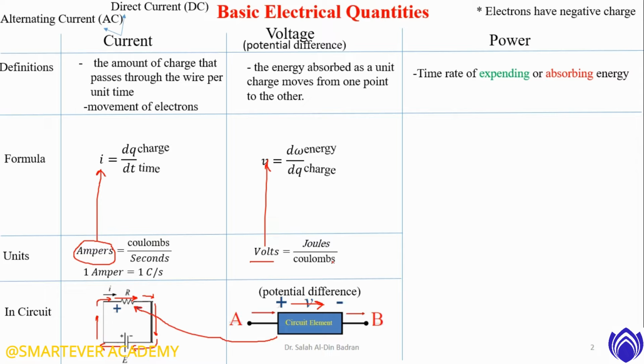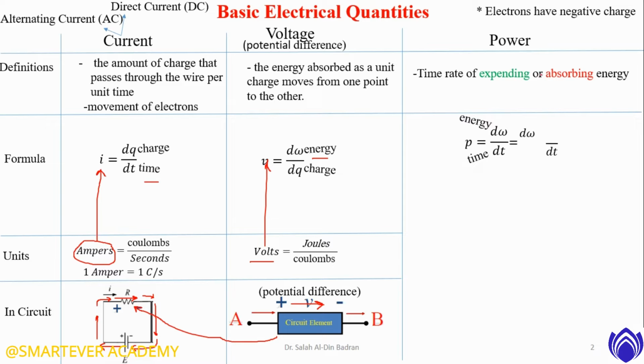The power is the time rate of expending or absorbing energy. The formula of power is dW over dt. dW is the energy, dt is the time. And we can write it as follows.